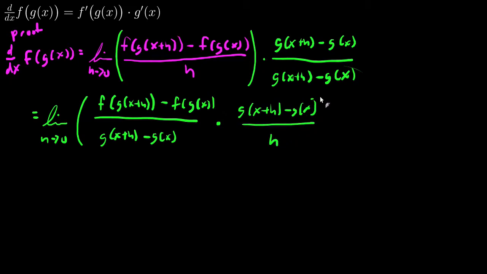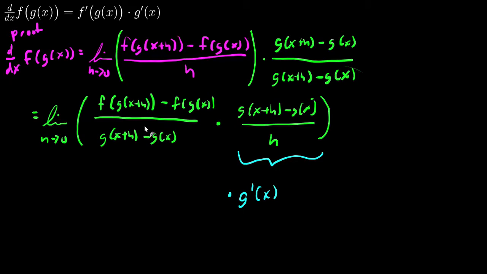So I can multiply this in because it's a special form of 1, dividing the same thing by itself. And I'm going to multiply straight across, and so I can consider this part over that and this part over that. And now, clearly, this portion here is just going to be g prime of x.